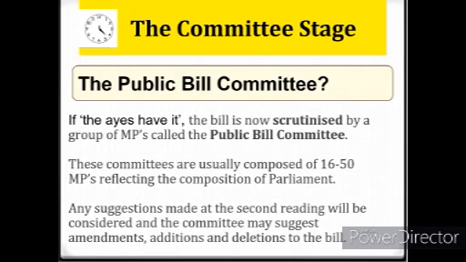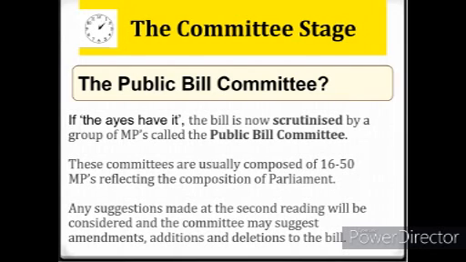So once the ayes have it, once it's past the second stage, we now go on to the committee stage. And that's where the bill is heavily scrutinised by a group of MPs, and those MPs are called the Public Bill Committee.